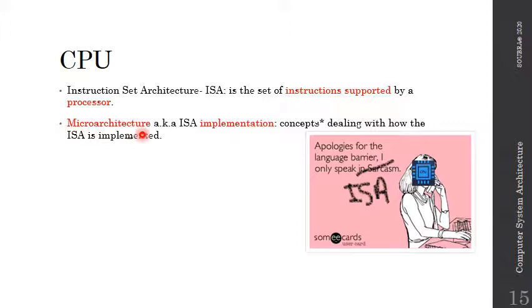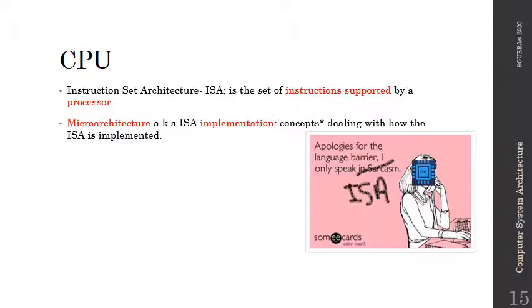The microarchitecture could be seen as the implementation of the ISA, and we can have different implementations for a particular ISA. It could be seen as a bunch of concepts dealing with how the ISA is implemented, and not how the ISA is designed.